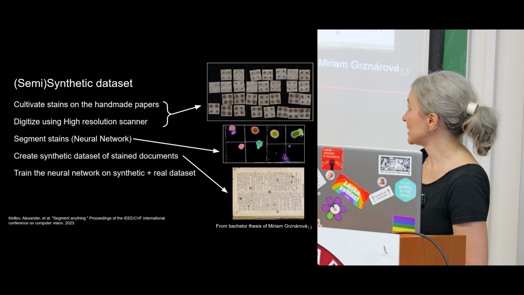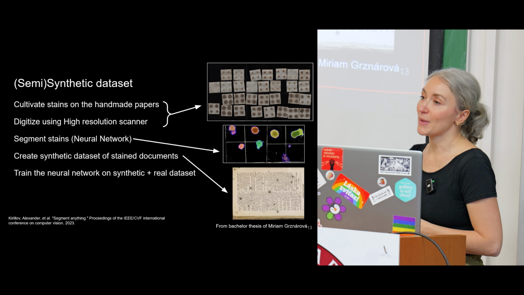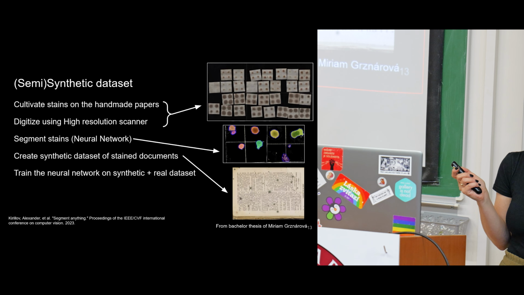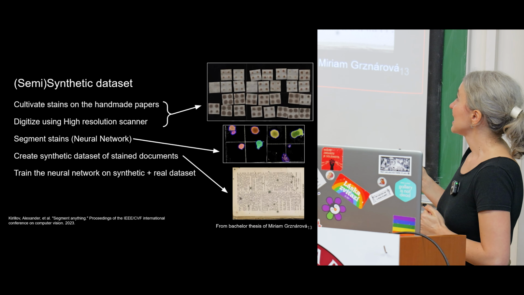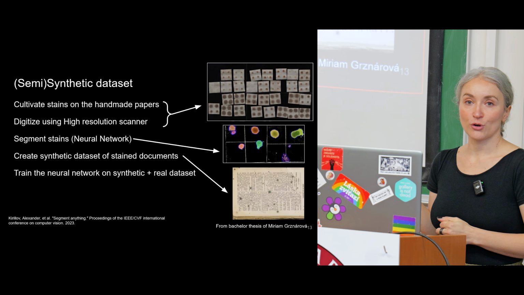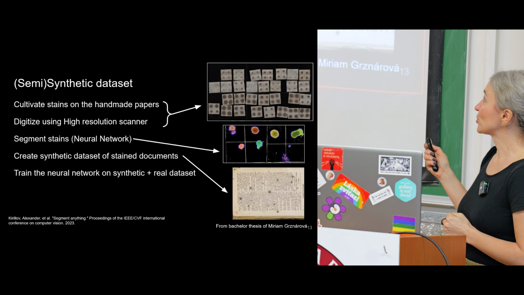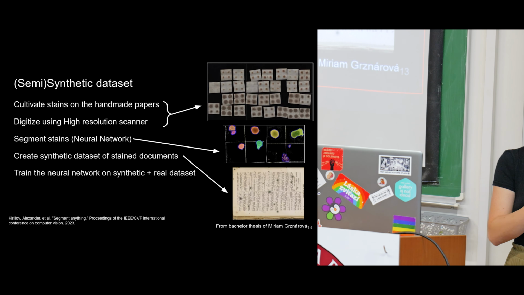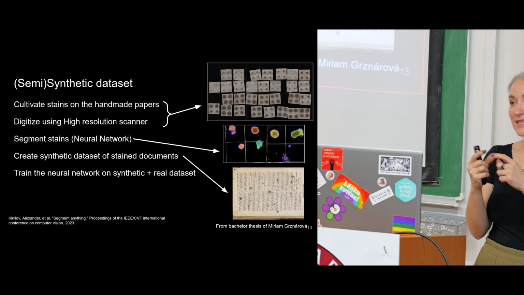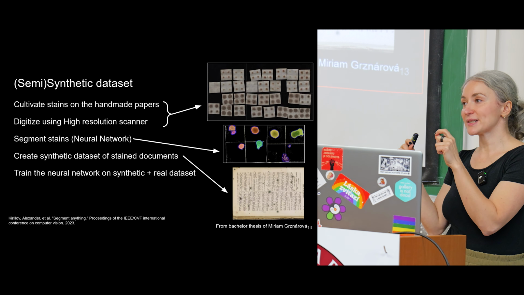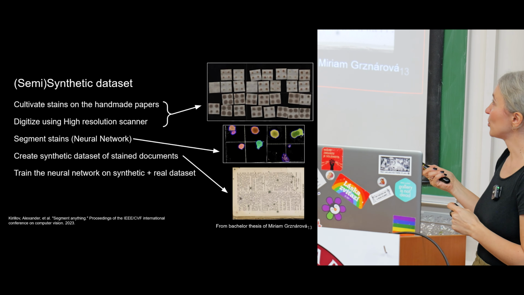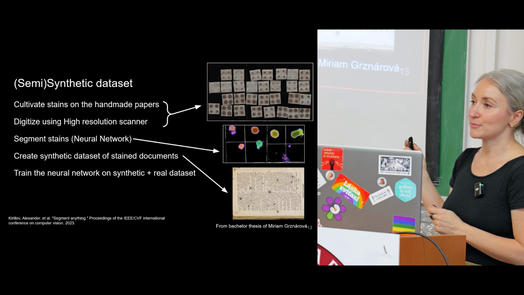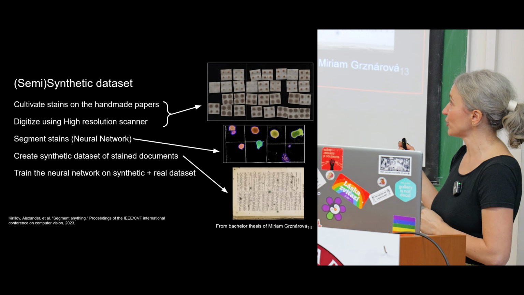So we decided to team up with microbiologists from the Slovak Academy of Sciences, and they can cultivate the stains for us. So we decided to create a semi-synthetic dataset where we have a lot of stains made on small paper samples, which get cultivated by the microbiologists in their laboratories.